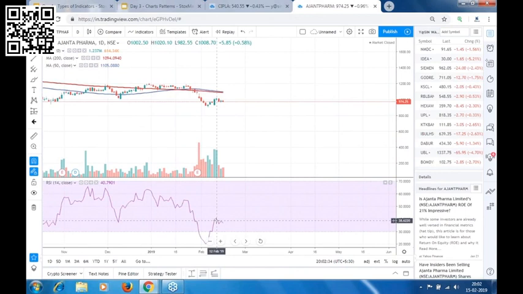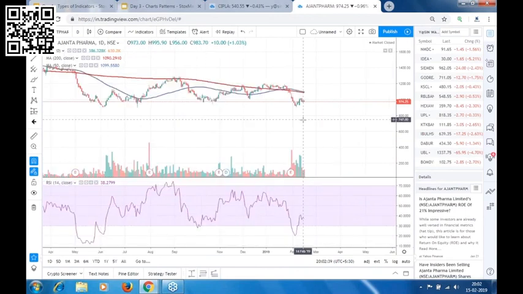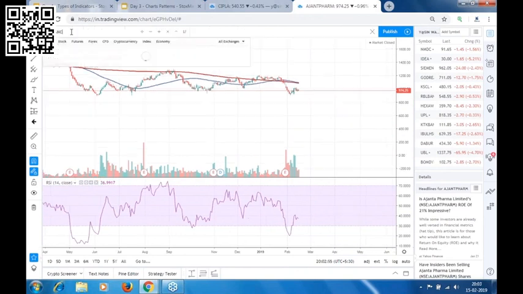Say if I apply Reliance Industry. Now, in order to see divergence, what you have to do is change your chart to line chart.